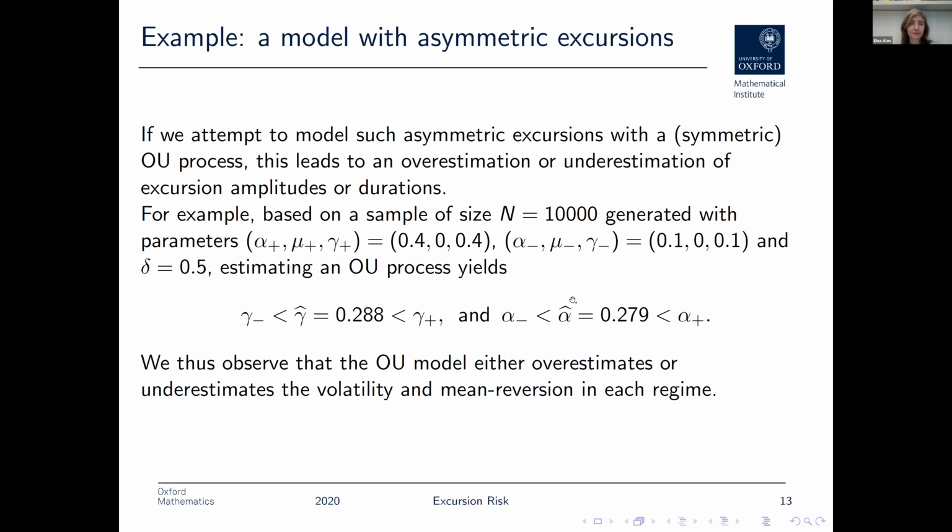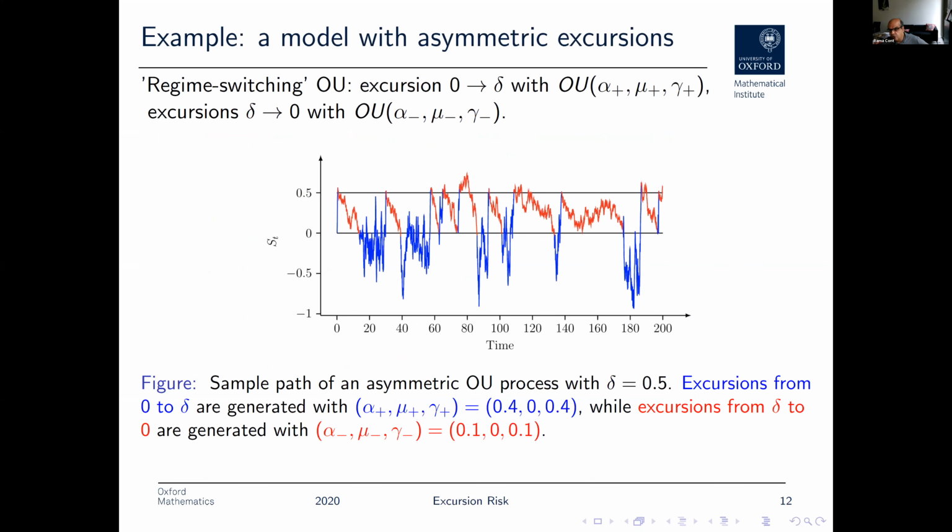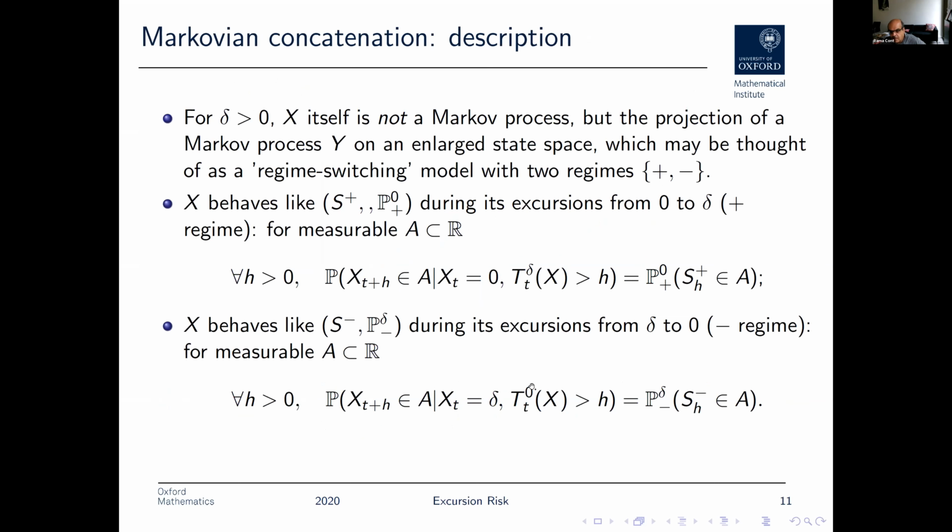Okay, so this construction I gave is an example. Of course, there's no obligation to use Ornstein-Uhlenbeck as building blocks. You can build blocks with anything, but of course, if you want the model to be tractable, you should use building blocks which are easy to simulate or compute with. Because the transition probabilities of X will be determined by the transition probabilities of S plus and S minus.